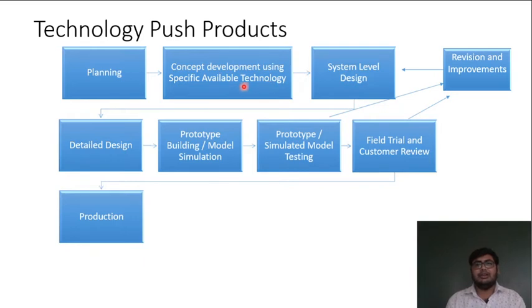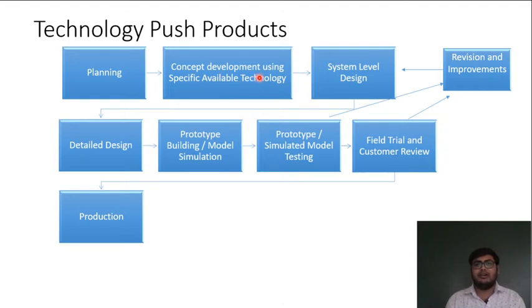That electromagnetic wave are useful for generating heat, and someone thought that okay, from this technology I can build a device or a product which can be used to cook, that is microwave oven. So this is how technology driven products, technology push products works.